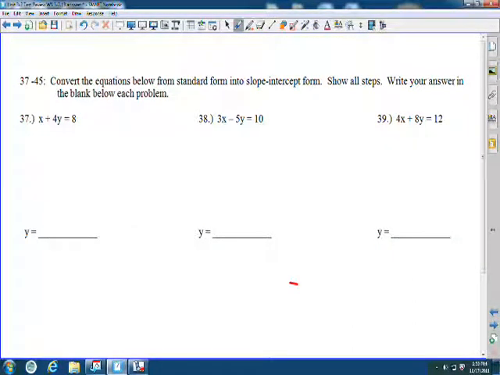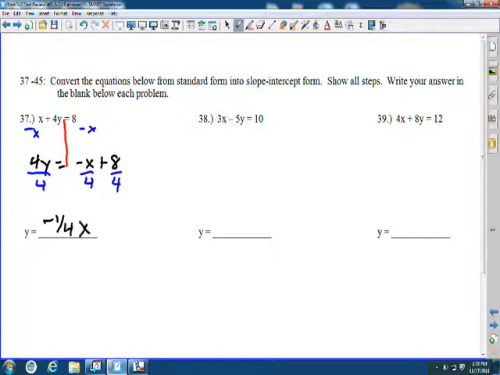Next one says write them in slope-intercept form. Well, first thing I'm going to do is subtract x from each side. I get 4y equals negative x plus 8. I'm going to divide by 4. I get y equals negative 1/4 x plus 2.